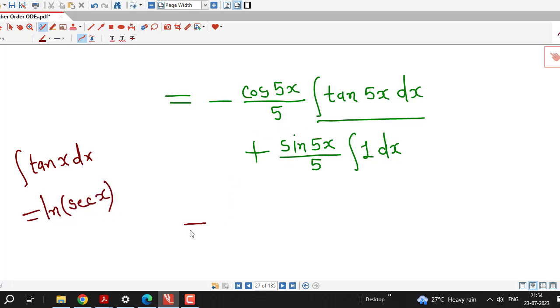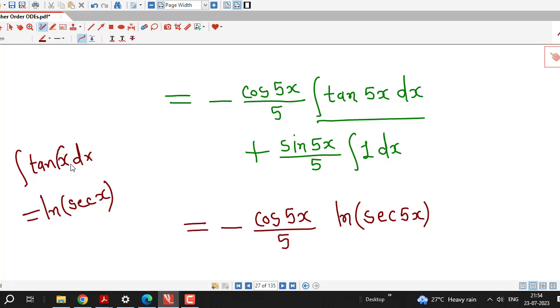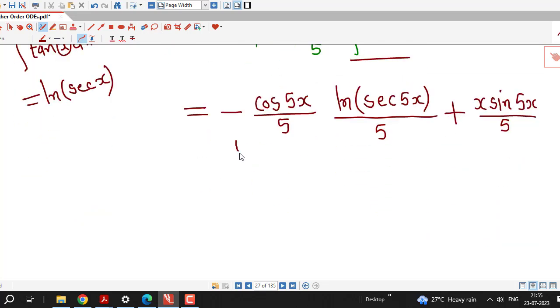So here I will have minus cos 5x divided by 5 into log of sec 5x, and instead of x I have 5x, so I have to divide by the coefficient of x which is 5, and the integral of 1 with respect to x is x, and I have sin 5x in the product. And in the next step I can rewrite this.